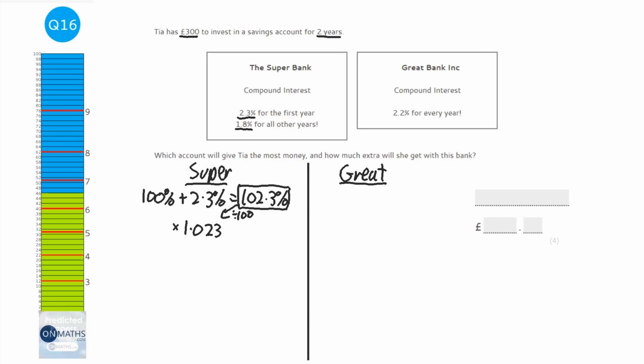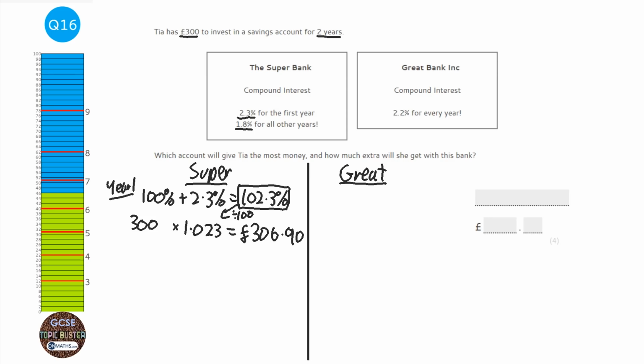So if I times 300 by that, that will tell me what we have after year 1. So let's do that and calculate 300 times 1.023. And you might need to press S to D. And that is £306.90. Okay, so that's year 1, and we might as well just write year 1 somewhere.